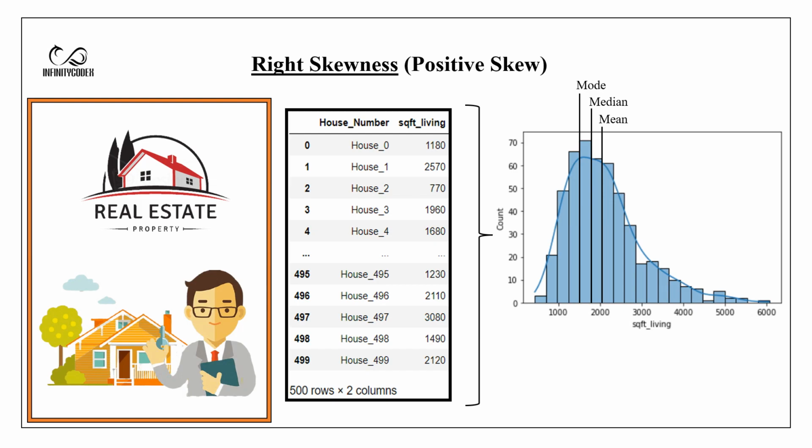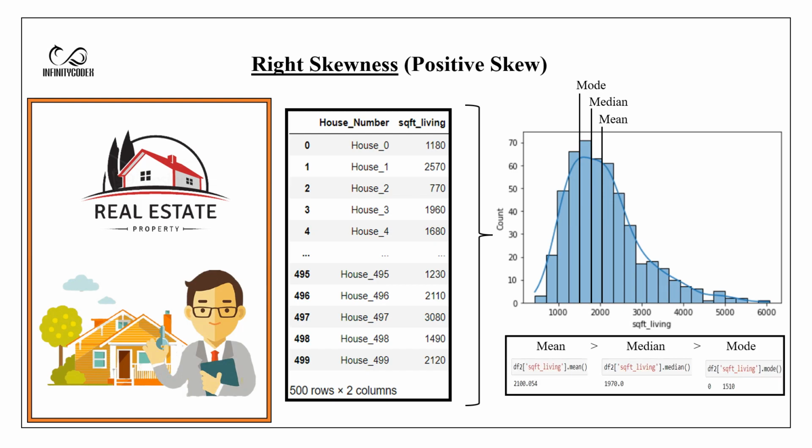So, if we see the positively skewed data, we can see the right side of the distribution is quite flat, which in turn makes the mean greater than median, which is greater than mode.